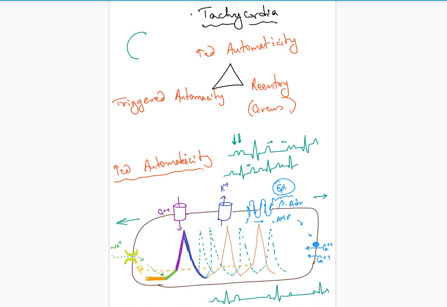Suppose this is your beautiful heart, and let us say this is the SA node. The SA node fired, correct? Again fired because of epinephrine, increased automaticity. So for this there will be a P wave. For this, don't you think there will be another P wave?